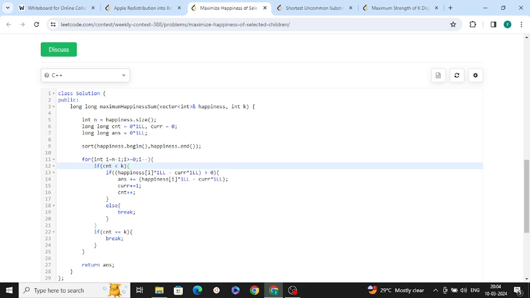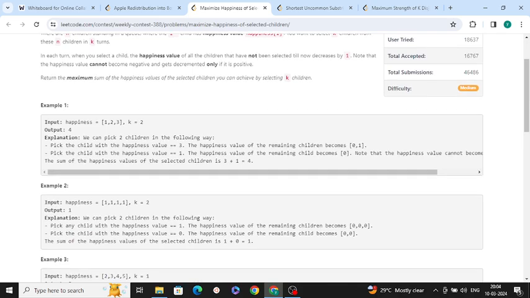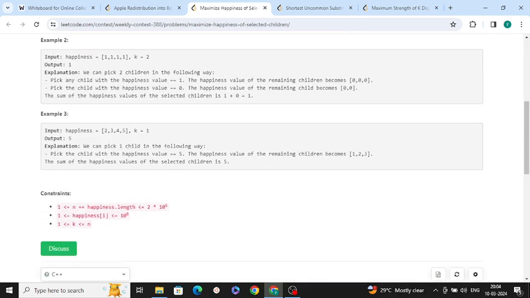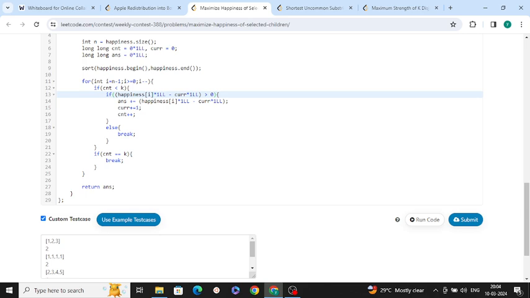If the happiness of i minus current value is greater than 0, meaning that for a particular element to be included in the count we need to decrement the other elements as well, right? As they have mentioned, happiness cannot be negative. So when it is greater than 0, at that time we increment the answer. And as I mentioned, we'll be maintaining one current variable, so that at every step, whatever element we are not taking will be decremented by one.